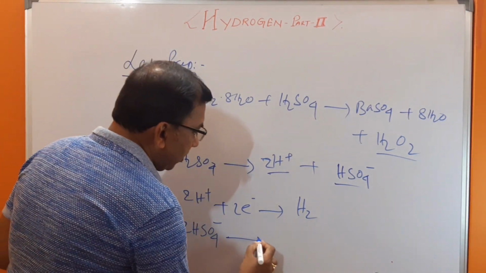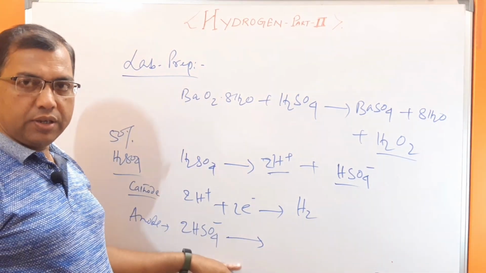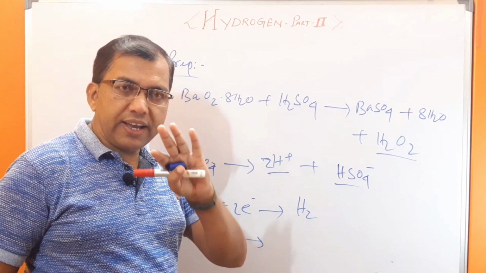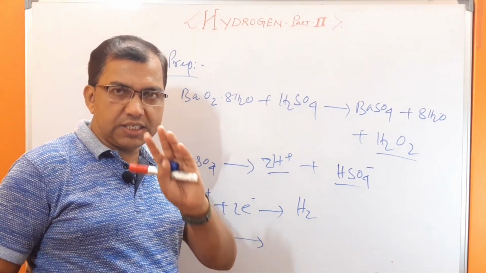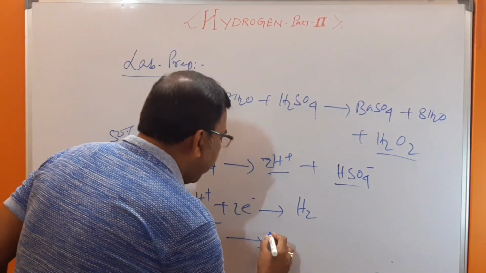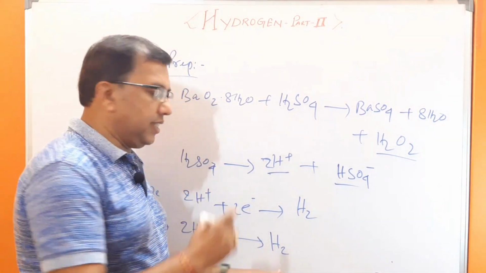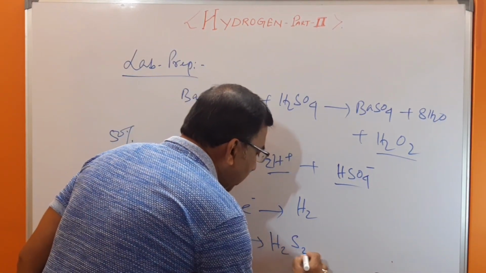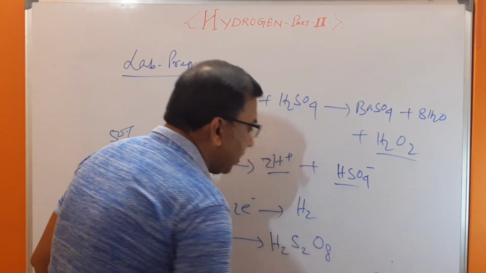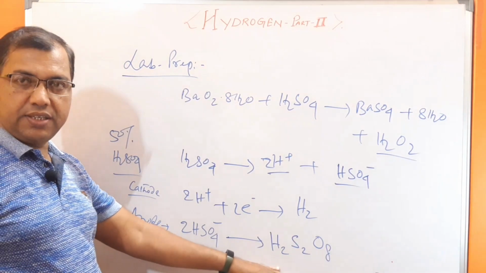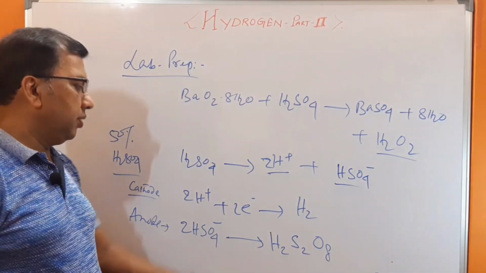From this, what is produced? Peroxydisulfuric acid, H2S2O8. Peroxydisulfuric acid. Clear?